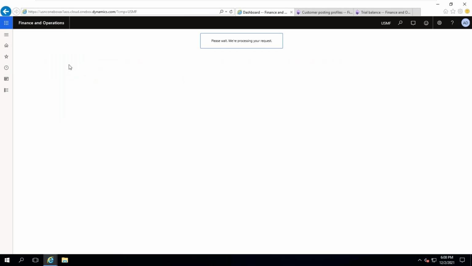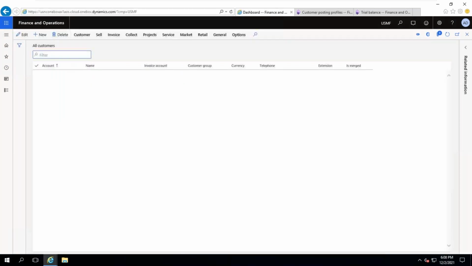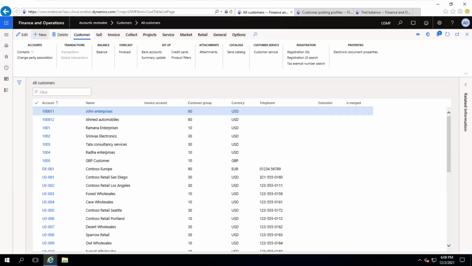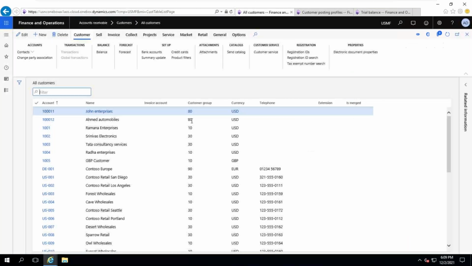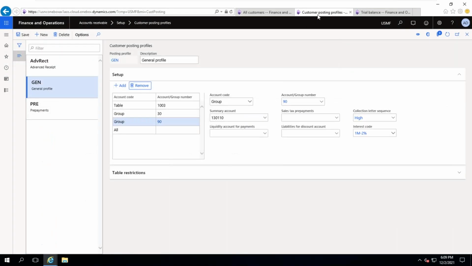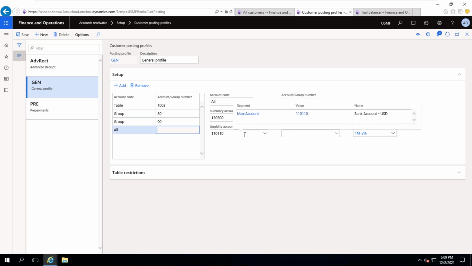For each customer there is a customer group. But customer group 80 was not mapped to any account, so it will search for all. Understood?